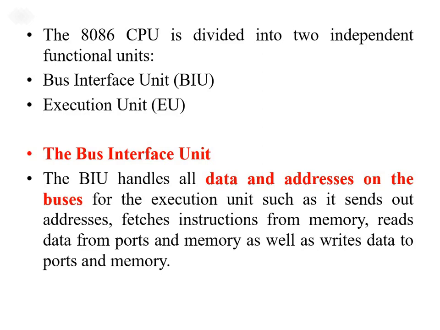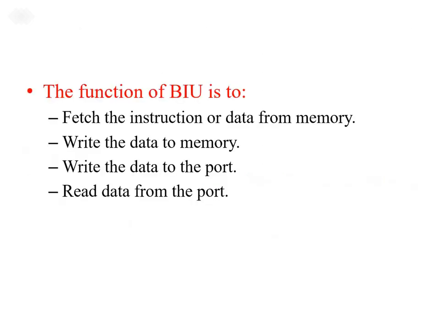Read means fetching the data from ports and memory, and write means putting the data into the port and the memory. So the function of the BIU is to fetch the instruction or data from the memory, write the data to the memory, write the data to the port, and read data from the port.